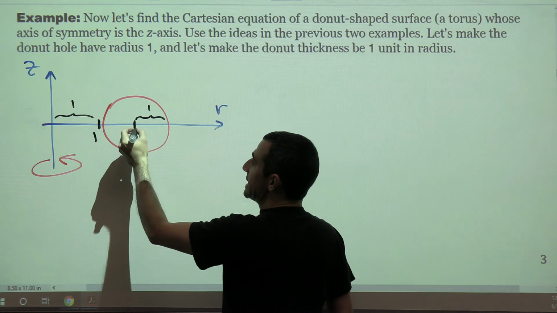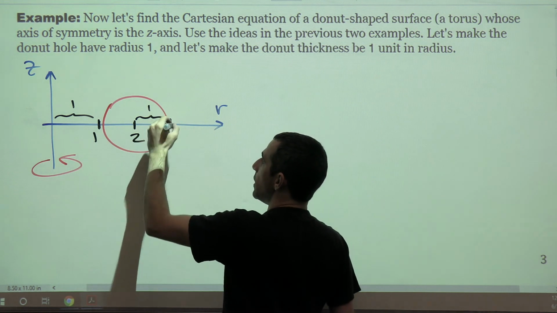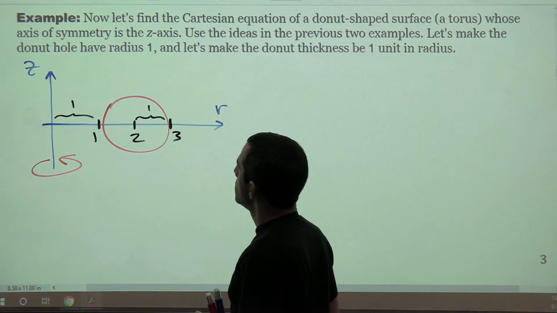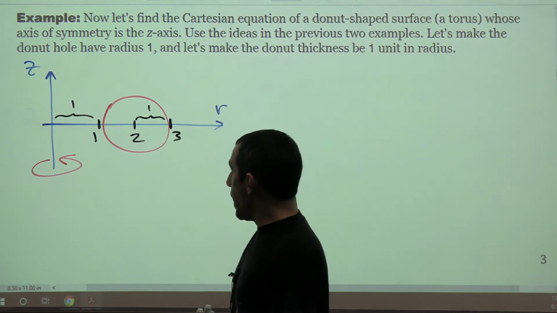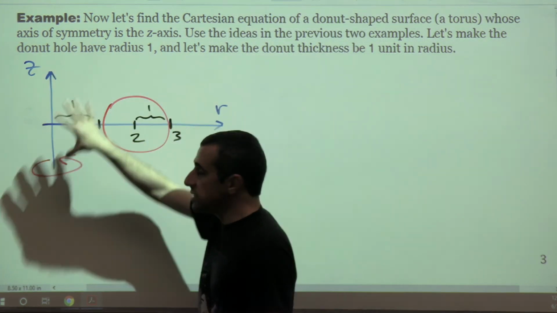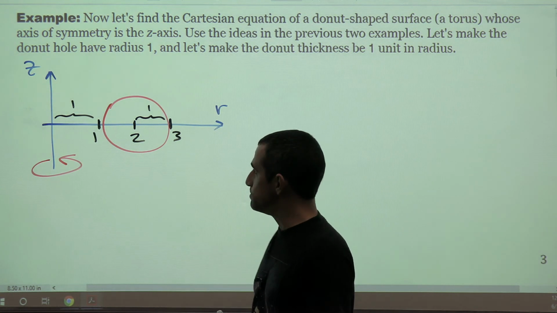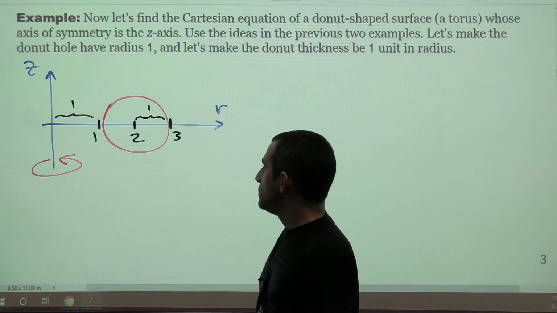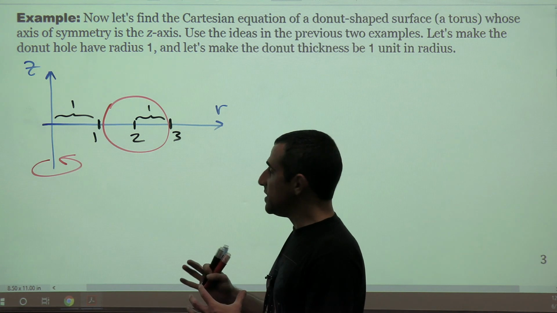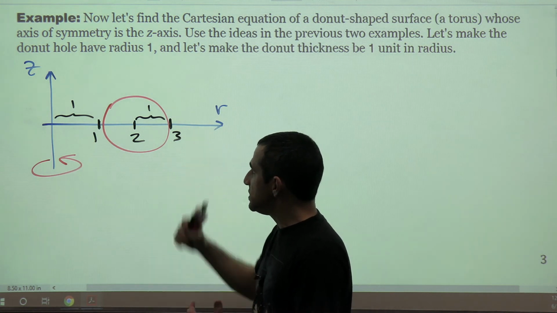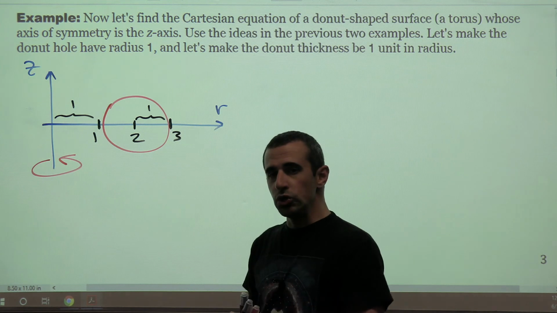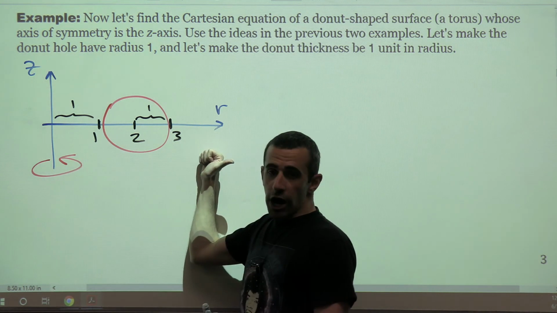This value on the r-axis is 2. And this value on the r-axis is 3. So what would be the equation of this circle in the rz plane? That's the first step. We need to come up with the equation of one of these radial cross sections. So for that circle, the equation is simply the unit circle in the rz plane, except it's shifted 2 units in the direction of r.